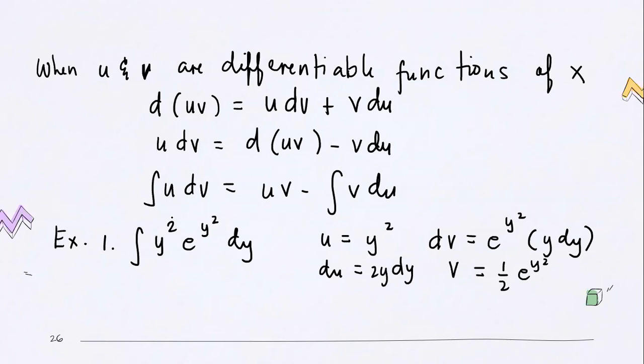And then y cubed, we just simplify this one as the integral of y squared e to the y squared y dy. That is the reason we have e to the y squared y dy.